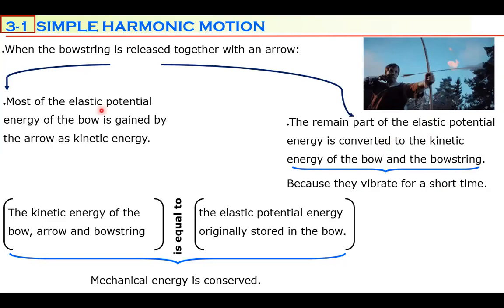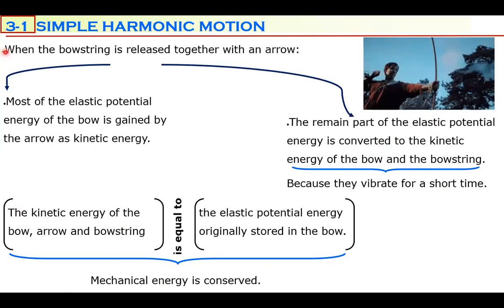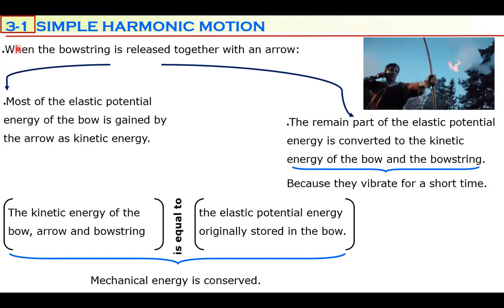Then the kinetic energy of the bow, arrow and bowstring after releasing the bow must be equal to the originally stored elastic potential energy in the bow. So this is known as mechanical energy conservation. At the beginning, when you stretch this string, the bow stores elastic potential energy.